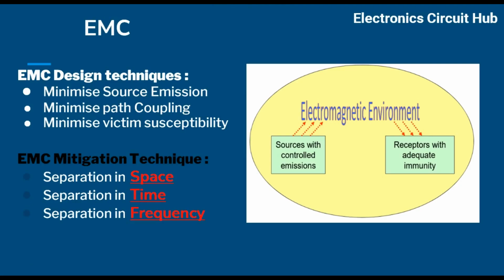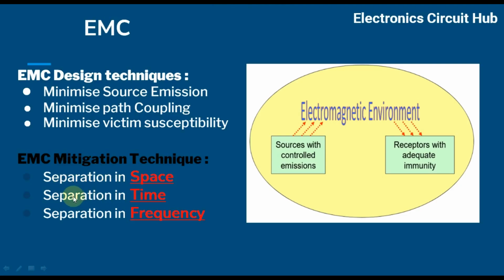So what is EMC design technique? Minimize the source emission, minimize the path coupling, minimize the victim susceptibility, right? This is the design technique. What is the EMC mitigation technique? To mitigate the EMC issue, you need separation in space. That is very important, guys.